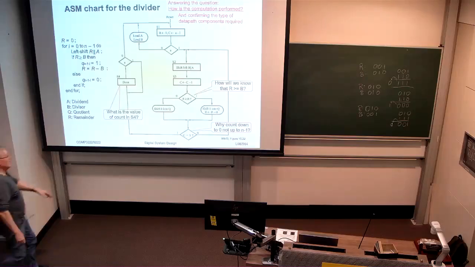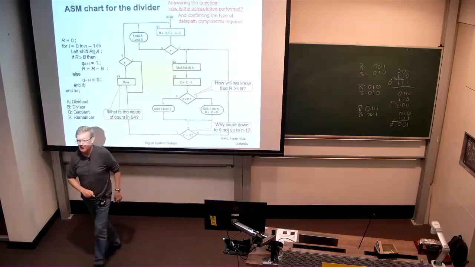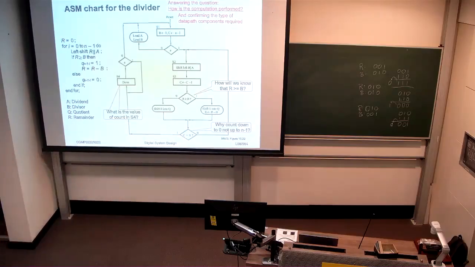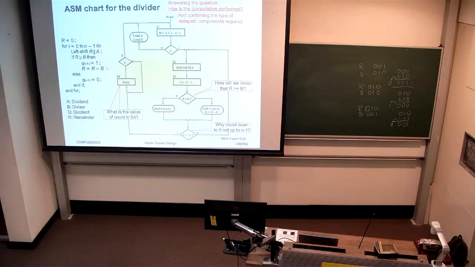If it's 0 here, how can it be 0 when I get into S4? Sorry? Yes, it'll be -1 or effectively -1. It'll be a wraparound, I guess, on whatever the value of the counter is.